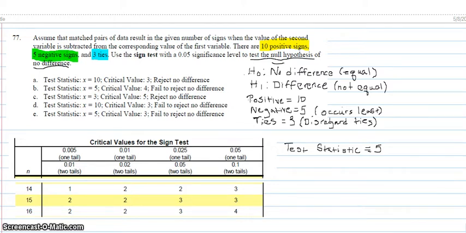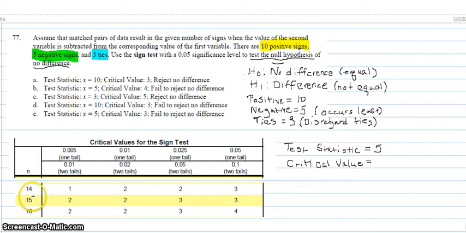To find the critical values, we're going to use table A7. So let me write critical value. Now N. Our N is our positive and our negative signs combined, so our N is 15. Remember I stated earlier this is a two-tailed test because of them being equal or not equal, and it's a significance level of 0.05.